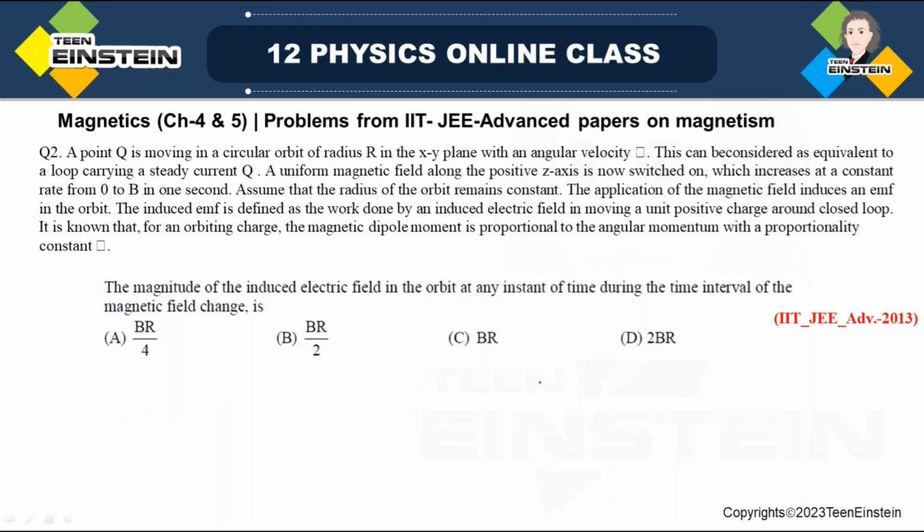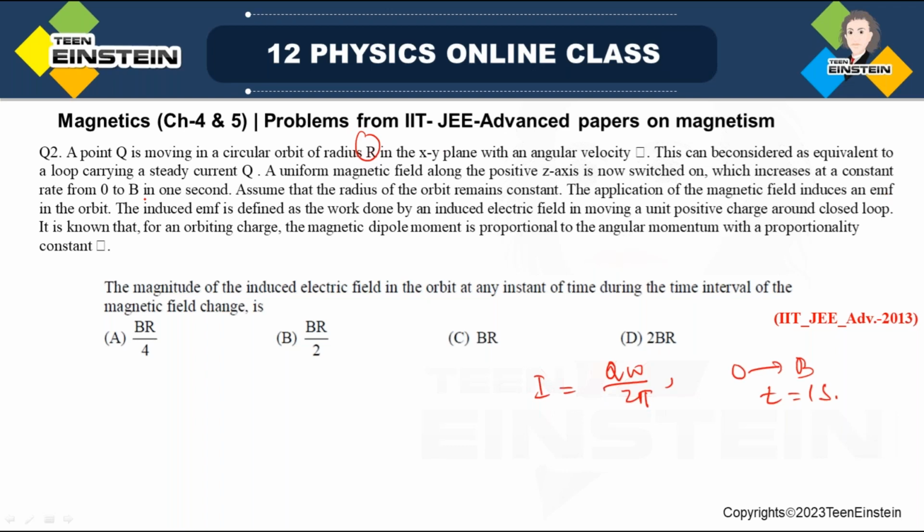So the current is Q omega by 2 pi, and the change in the magnetic field from 0 to B happens in t equal to 1 second. Assume that the radius of the orbit remains constant, that means r is constant always.